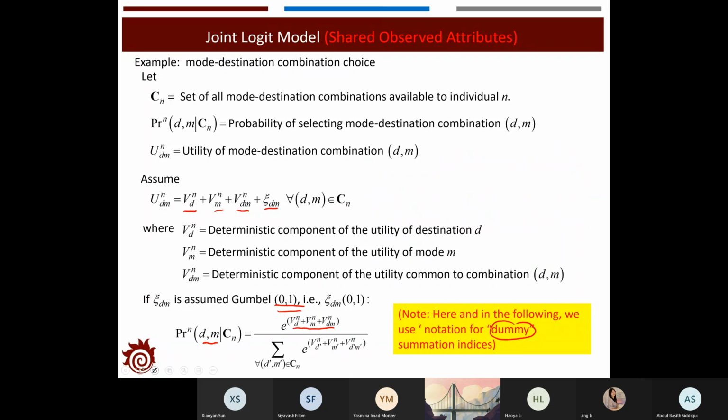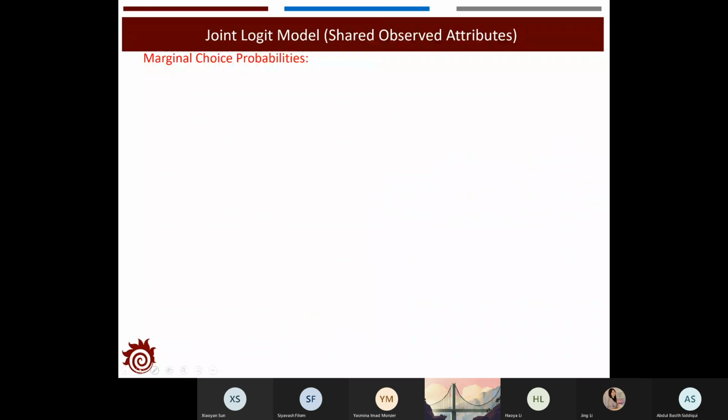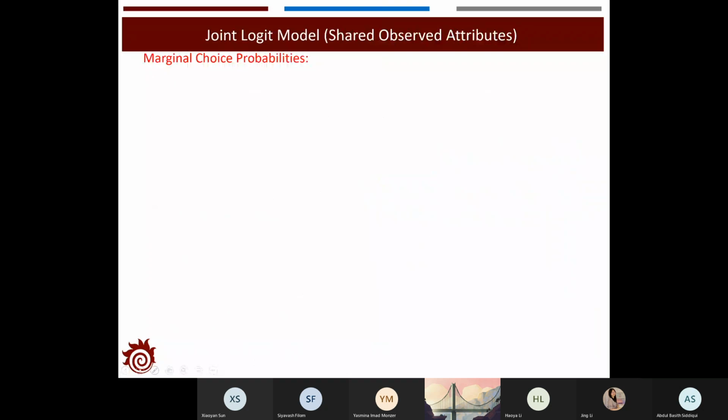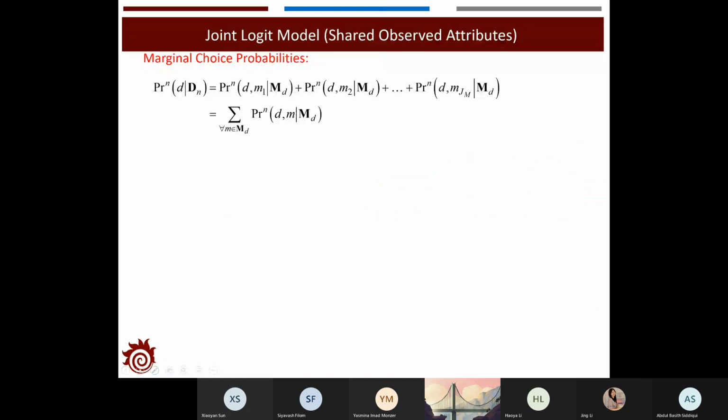And now, with the defined probability for the combined decision, we can then calculate the marginal choice probability, which would be the probability of choosing the destination d, or the probability of choosing the mode m. The derivation will be very similar.